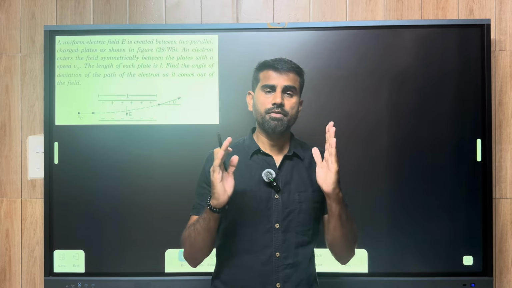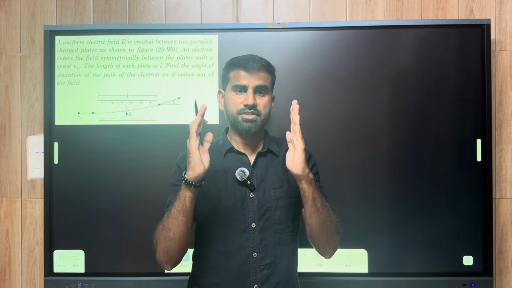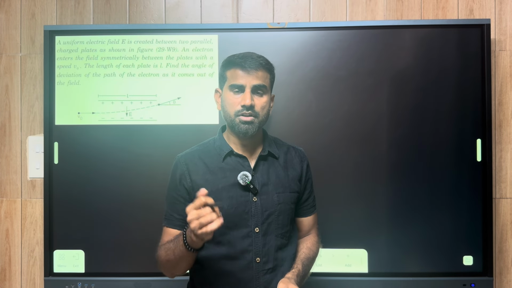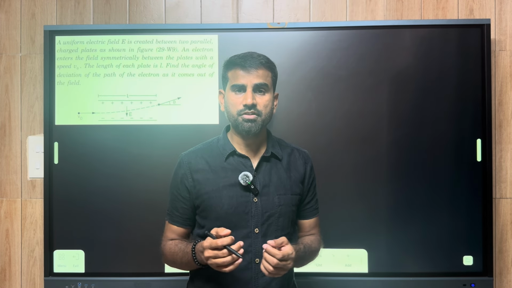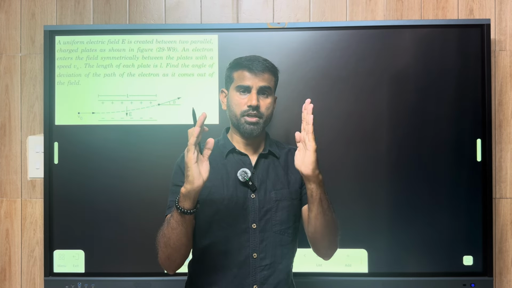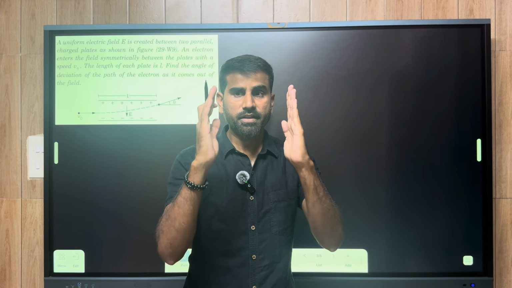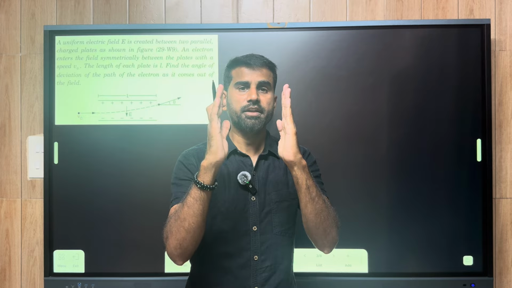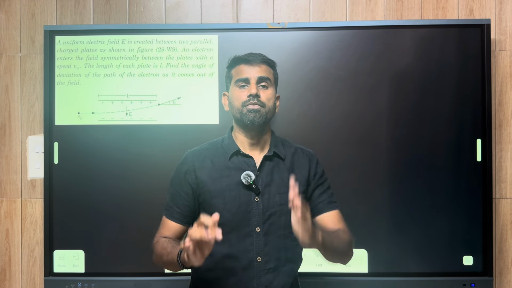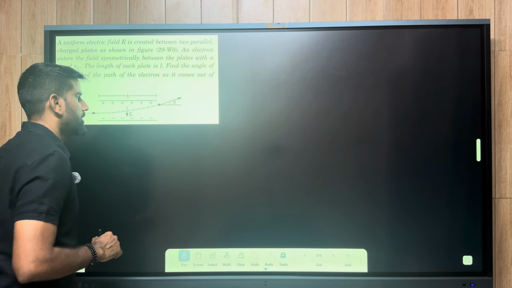If we take two thin sheets connected to a battery and turn the power on, one plate acquires positive charge and the other acquires negative charge. Then there will be an electric field created between the two plates, which is uniform. This is how we create the uniform electric field.